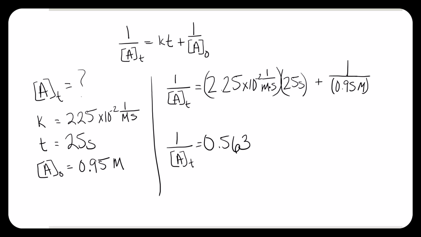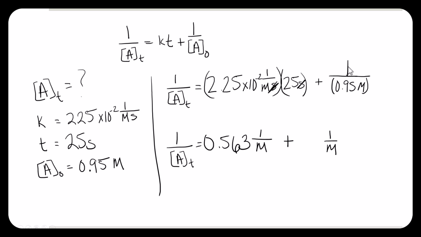Take a look at my units here. I've got 1 over molarity seconds, so seconds on the bottom, seconds on the top, those cancel. I'm still left with 1 over molarity, and that's important because I'm going to add it to something that is 1 over molarity for the units here. When I add two numbers together, the units have to be identical, so that's important that we're left with 1 over molarity. But I'm going to plug this into my calculator.